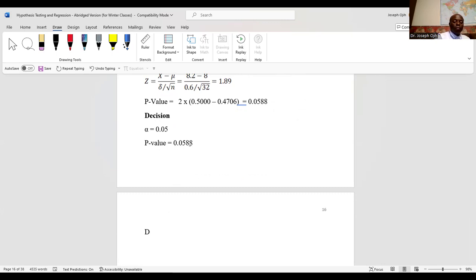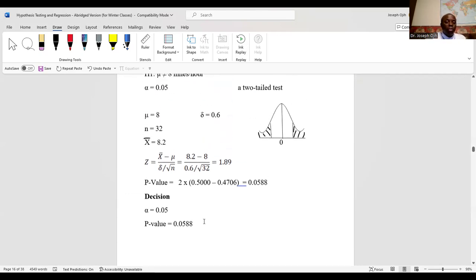So do not reject H0, which is the null hypothesis, because the p-value of 0.0588 is greater than the alpha of 0.05. So we don't reject.